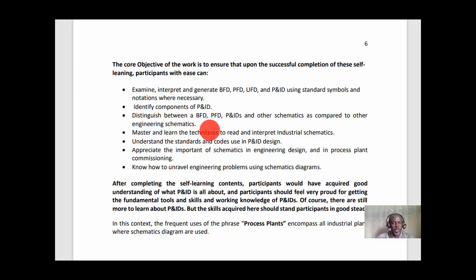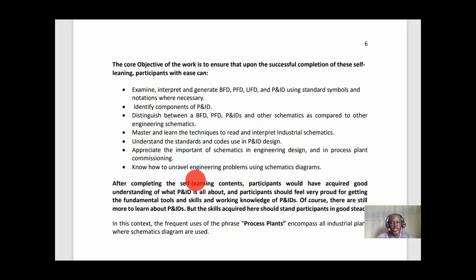Distinguish between a BFD, PFD, P&ID, and other schematics as compared to other engineering schematics. Master and learn the techniques to read and interpret industrial schematics. Understand the standards and codes used in P&ID design. Appreciate the importance of schematics in engineering design and in process plant commissioning.